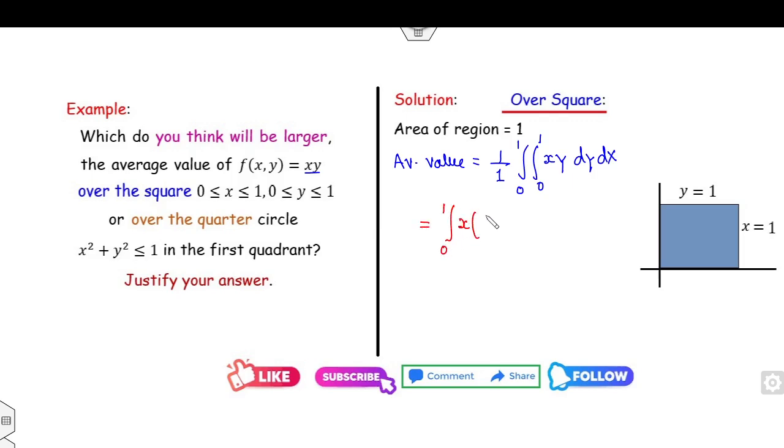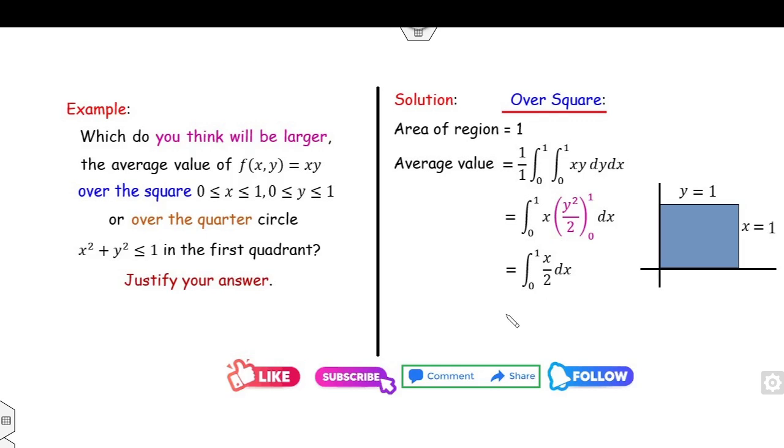Integration with respect to y, keeping x constant, y square by 2 from 0 to 1. So that part will be 1 to x. It is x over 2 into dx. Can you solve this integration again? So it is x square over 4 from 0 to 1. So the answer is 1 over 4.